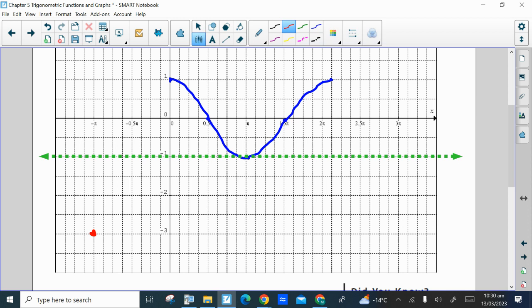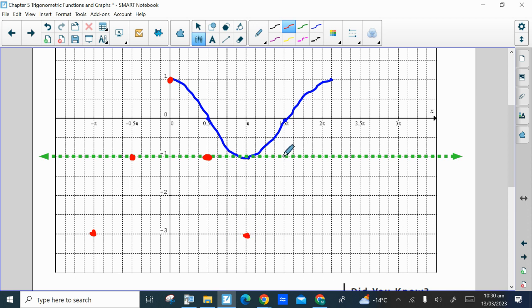You will be at the middle, which is on the horizontal midline. Another half pi, you'll be at the maximum. Now, because our amplitude is 2, our maximum will be 2 units above the middle. The middle's at -1, 2 units above that will be at +1. Another half pi, we're in the middle. Another half pi, we're at our minimum.